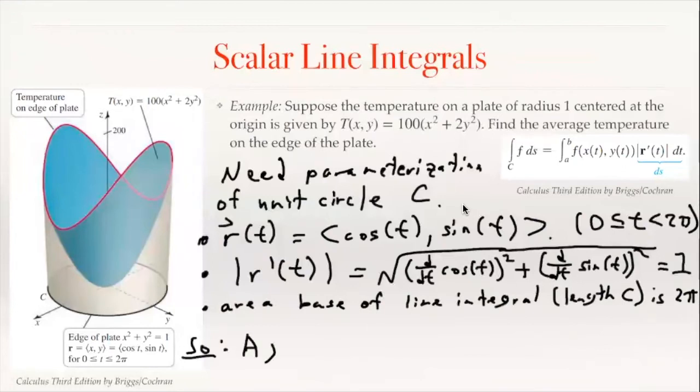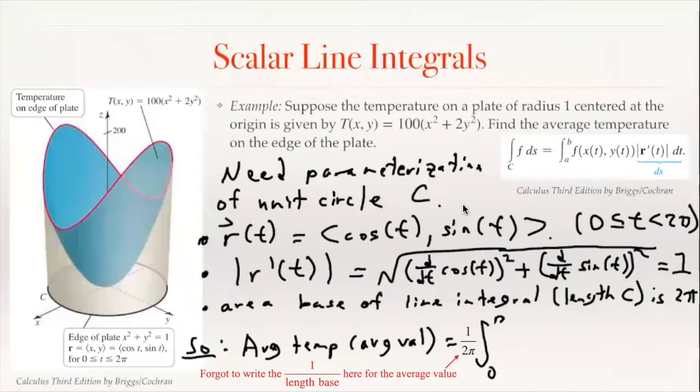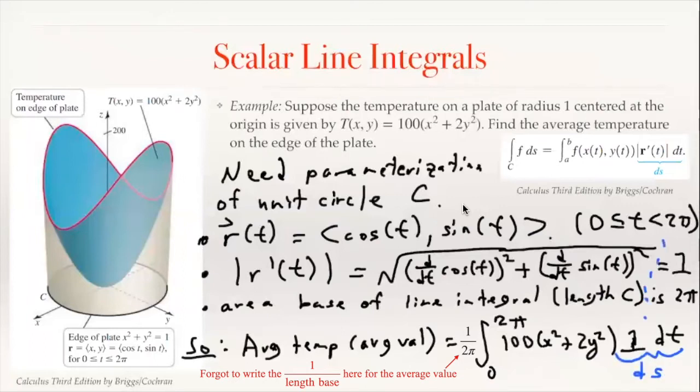So our average temperature, the average value of the function, is the integral from 0 to 2 pi of f of x,y times 1 dt, where this guy is our ds, the same ds as there, and this guy is our f of x,y as there. And we have our bounds.